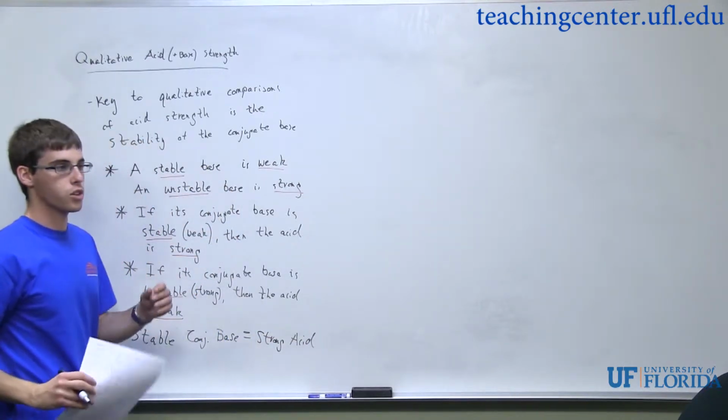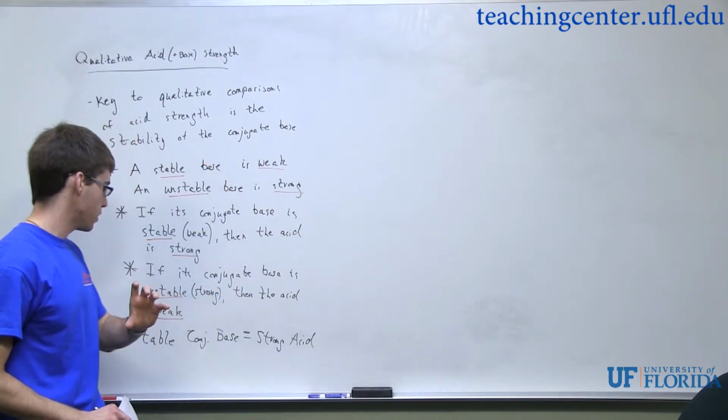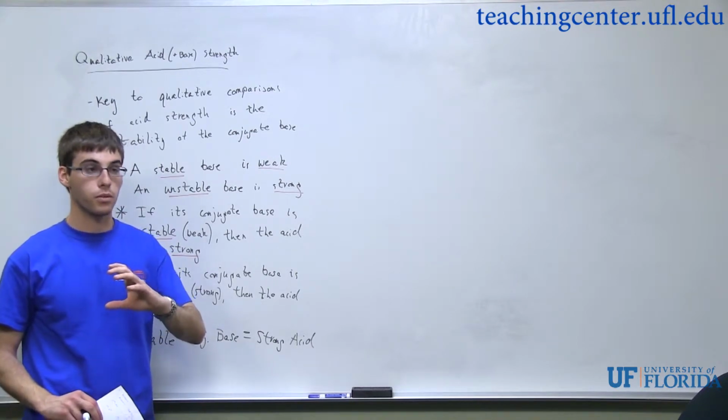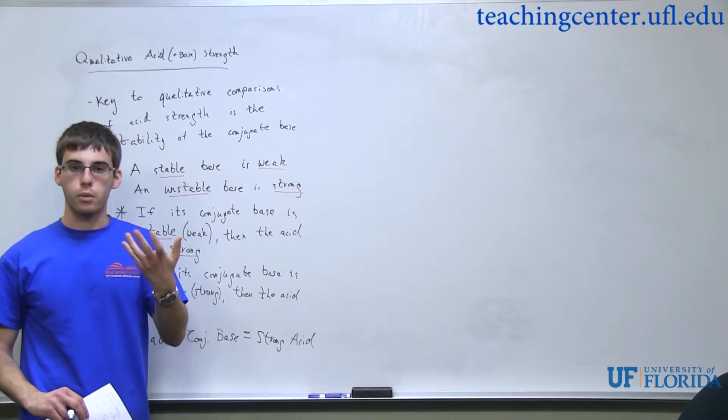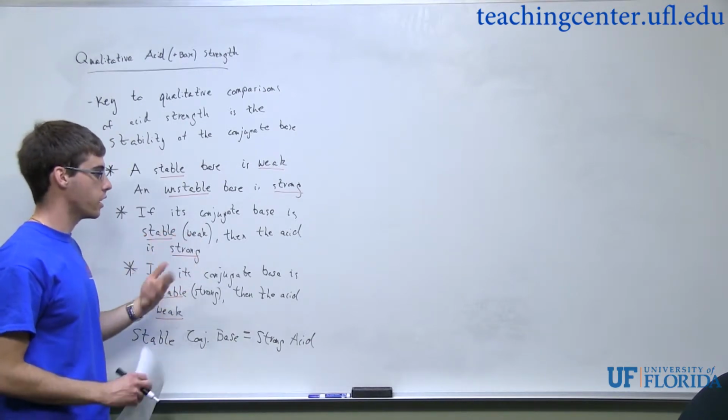That should make sense. If you have an acid that is strong, that means the base is weak. If you have an acid that is weak, then the base is strong. And it just so happens that if a base is stable, it's weak.